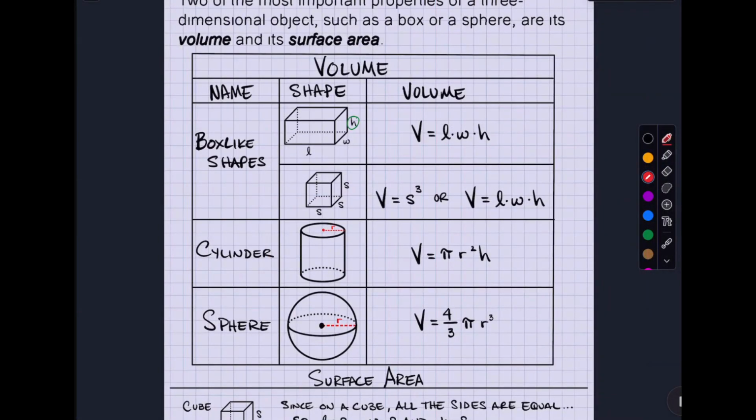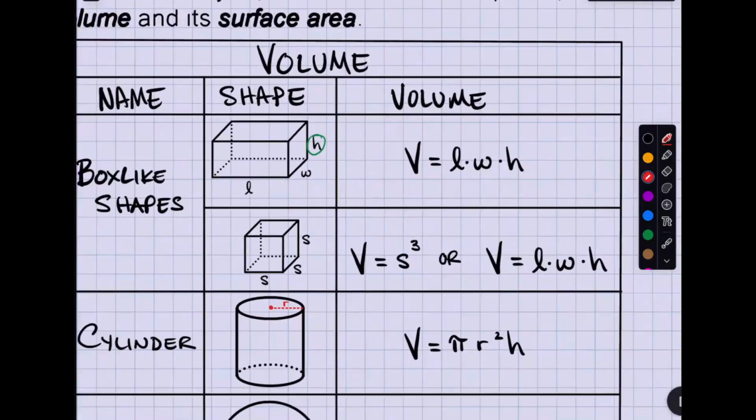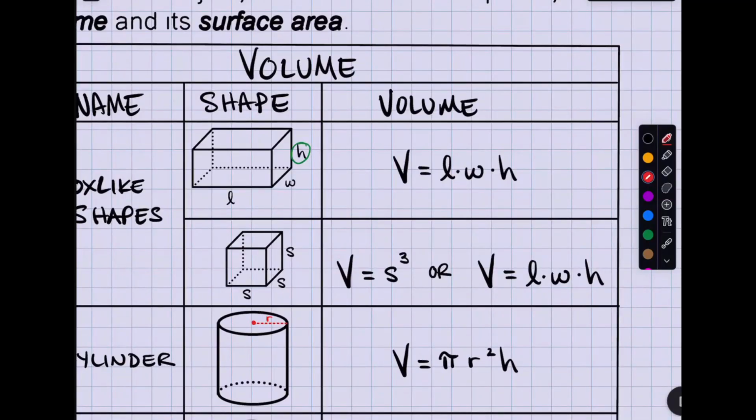So they are three-dimensional. Now, these three right here, guys, are doing the same thing, but I don't know if you guys realize it or not. A cylinder looks something like this. When you're thinking about a volume that has something consistent, when you look at this cylinder, what part of this is consistent all throughout?